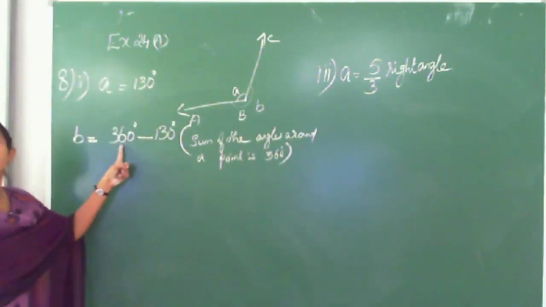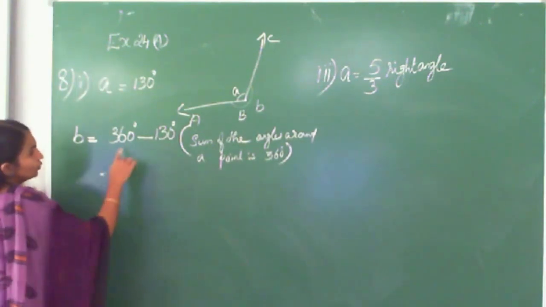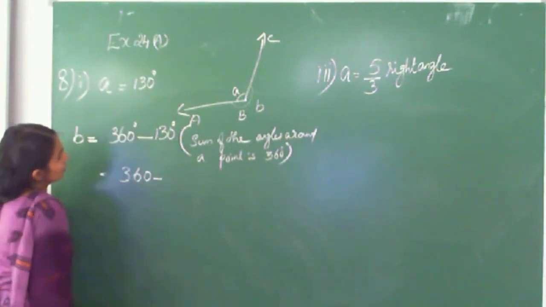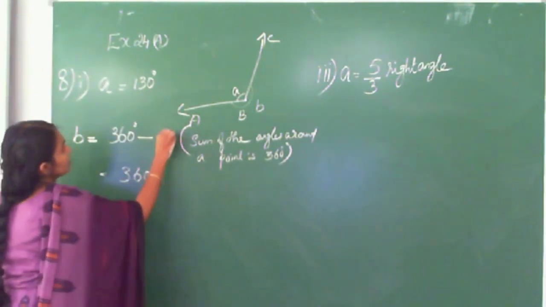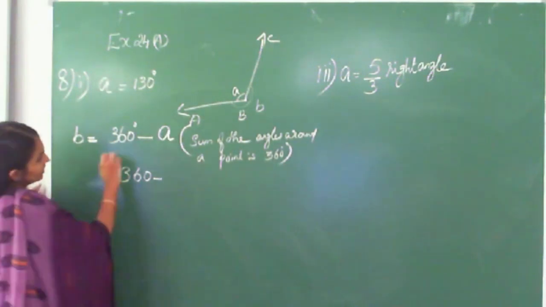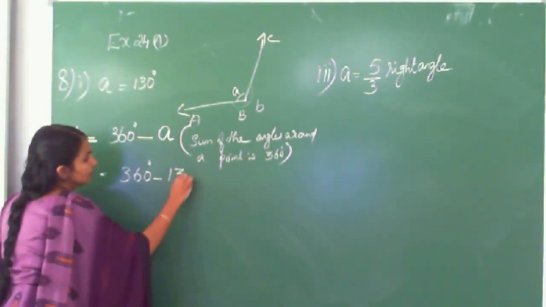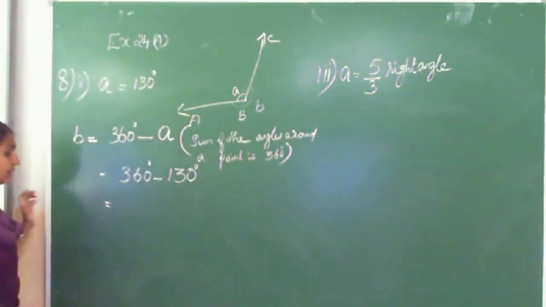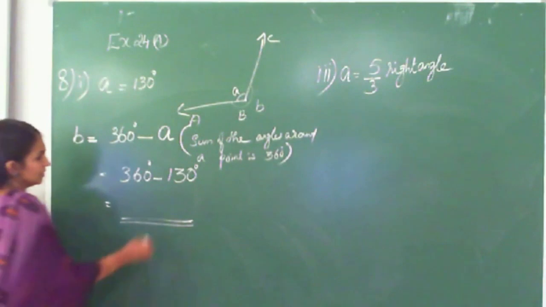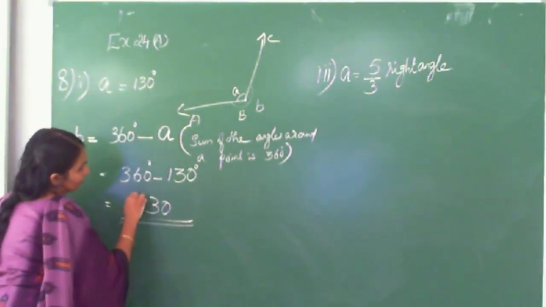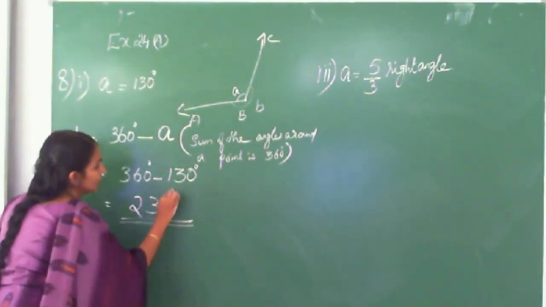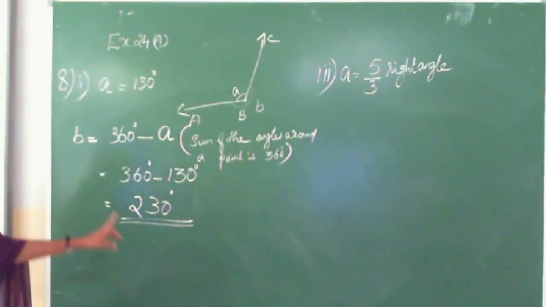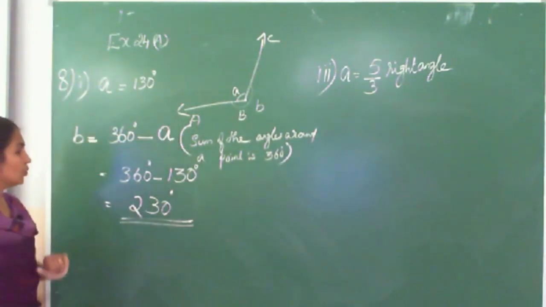So from that we took this 360, the total was 360 minus A. So 360 degree minus 130 degree, just subtract these two and that is the required answer: 230 degree. Now the third one we are going to do. I hope this one is clear to you.